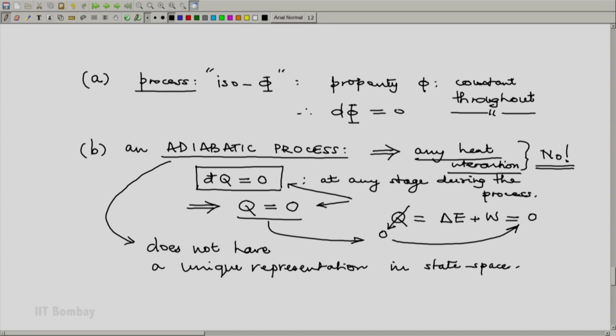In particular, it specifies that there is no heat interaction, and this can be in principle combined with a process which is isobaric. So you could have an isobaric and adiabatic process. Process could be constant volume, so you could have an adiabatic isochoric process. In a similar fashion, it is not impossible to have an adiabatic isothermal process. We will soon see an illustration of a particular adiabatic process.